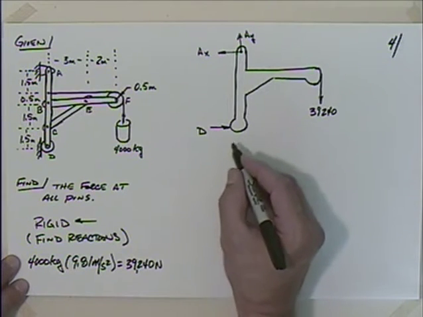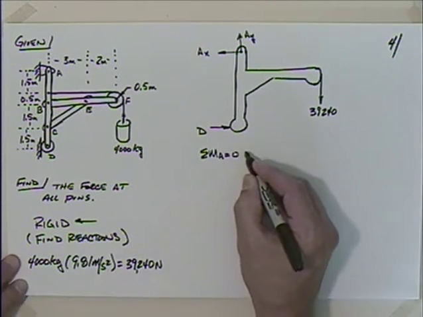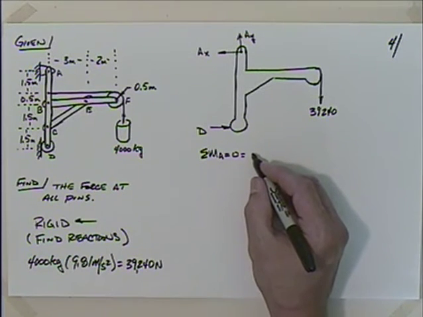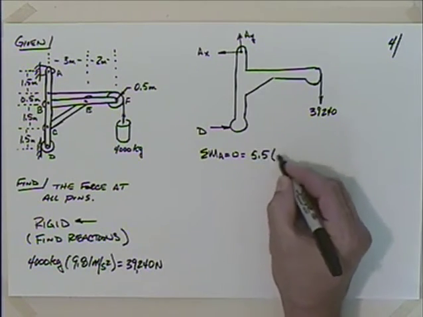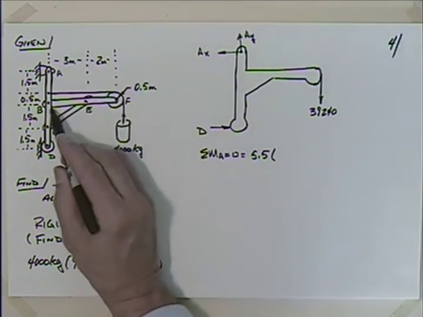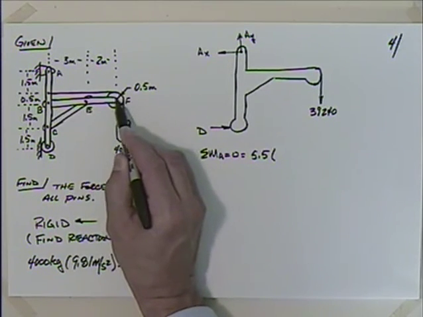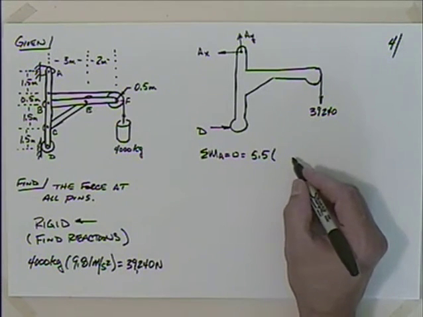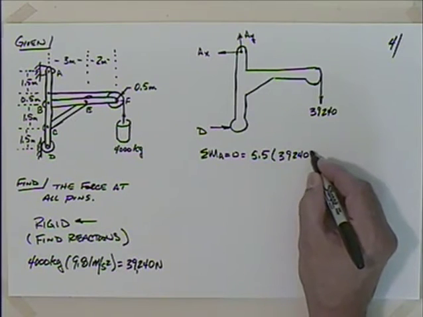So if I sum the moments about A, setting that equal to 0, I should have what? 5.5 times, isn't that the distance here? I'm going to have 2 or 3. And 2 gets me to 5, and then I have the radius of this pulley here, so 5.5 times 39,240.